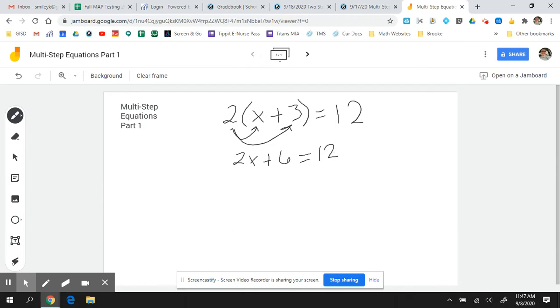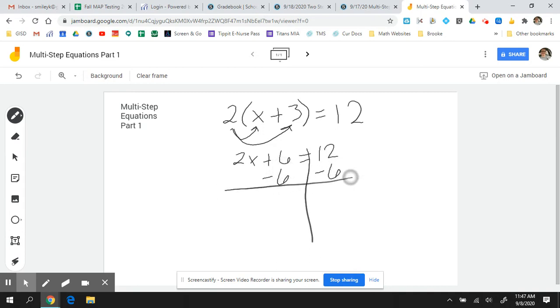And now, if you notice, it is a 2-step equation, and I can solve it. I'm going to break it into 2 different sides of the equal sign. So I have my left side and my right side. I'm always going to start with the side that has the variable. Now, I see an addition sign. The opposite of addition is to subtract.